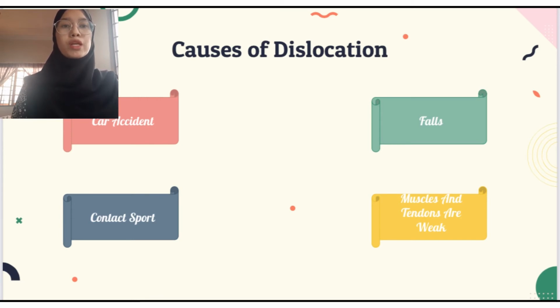Firstly, the cause of dislocation is trauma that forced a joint out of place. The trauma is likely from vehicle accidents, force from a height, the pressure impact from falls, and contact sports such as football, hockey, and rugby are common causes of this injury.